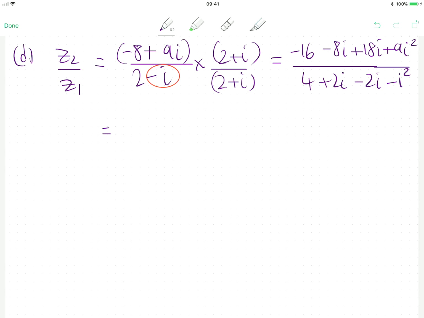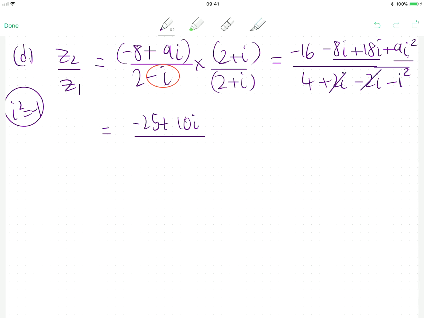Okay, so collect everything together, and remembering i squared is minus 1. So here we can see this is 10i. This i squared is minus 1, so this is minus 9. So minus 9, take away 16, minus 25.